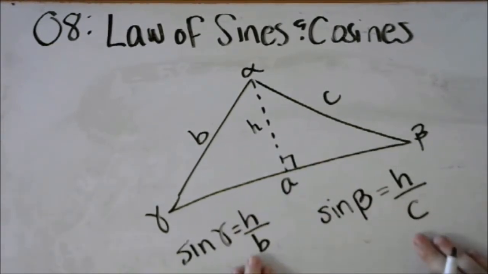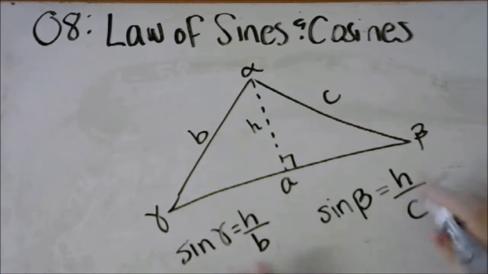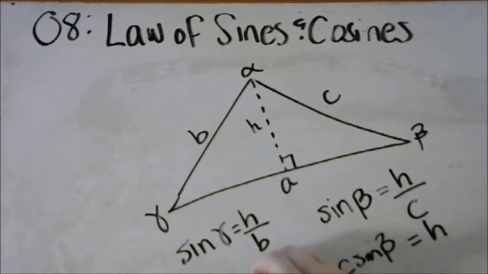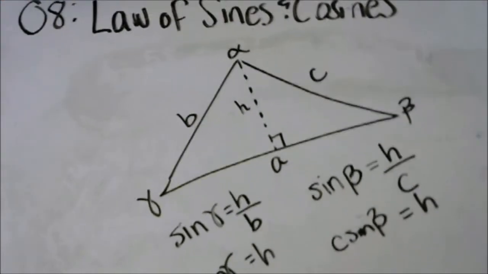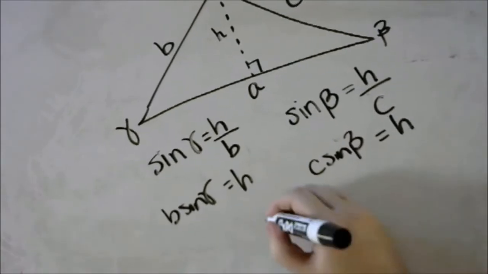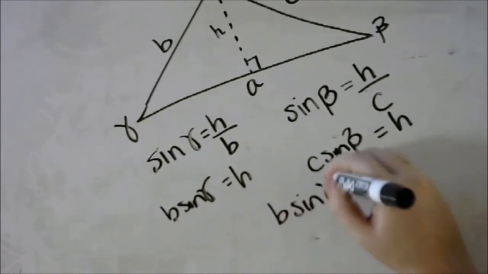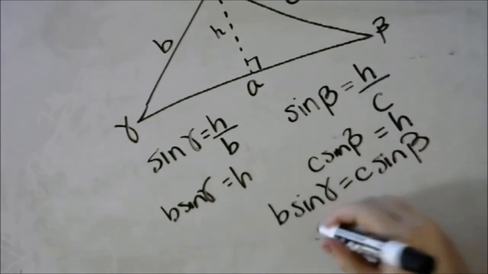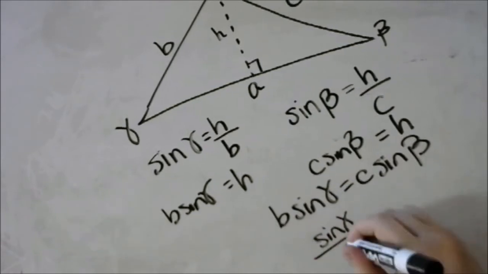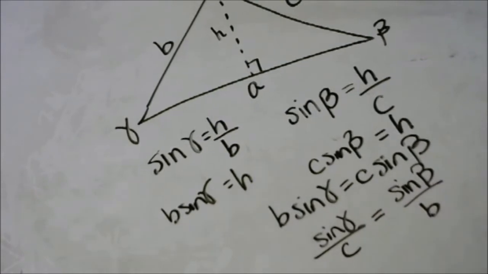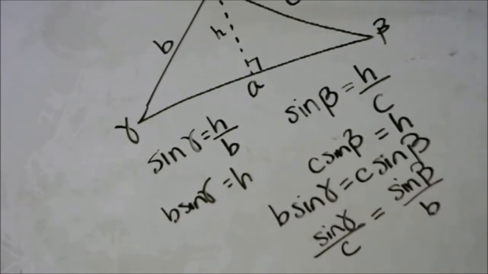Well, since both of these equations are equal to h, we can show that b sine gamma is equal to c sine beta, or that sine gamma over c is equal to sine beta over b. This is the origin of the law of sines.